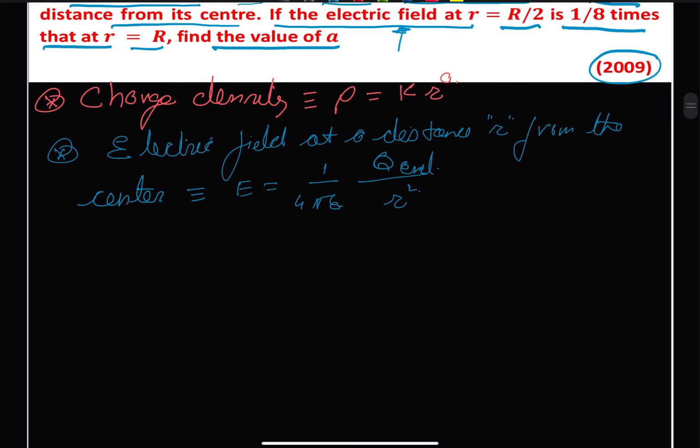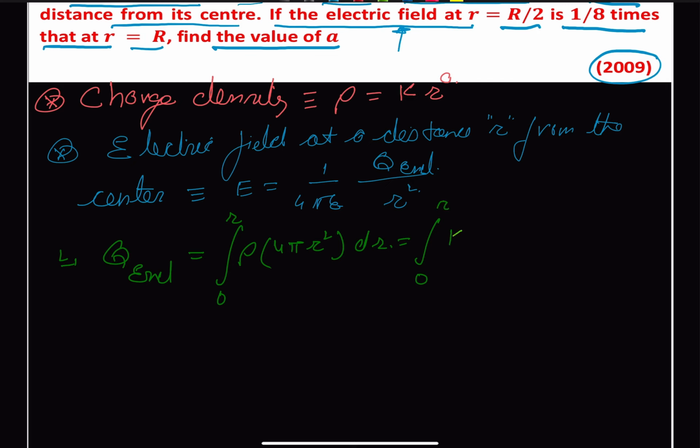Therefore, we can say that our Q enclosed will be equal to the integral of rho 4 pi r square dr from 0 to r. Rho is given to us, so we substitute its value.